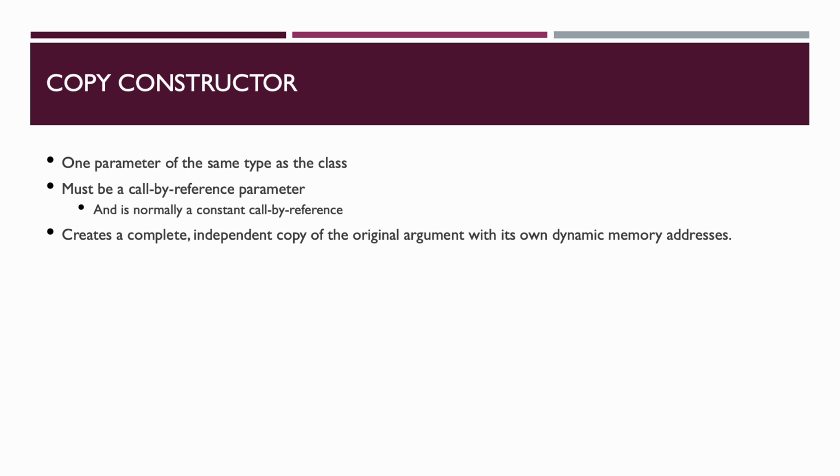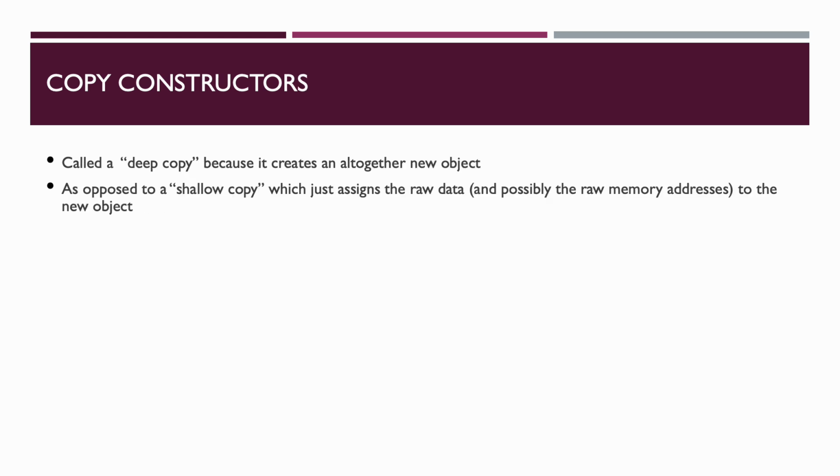Additionally, it's typically a constant reference. This is to prevent modification of the original object while still allowing access to its data. Now, a copy constructor creates a deep copy of the object.